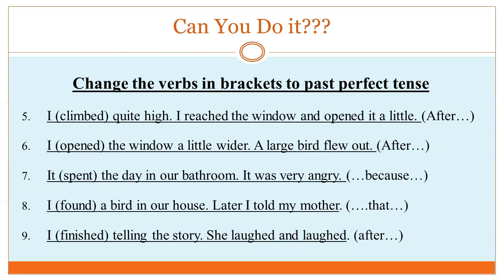It had spent the day in our bathroom. It was very angry. So which event happened first? It had spent the day in our bathroom. We will put this event after because. The sentence would be: it was very angry because it had spent the day in our bathroom.